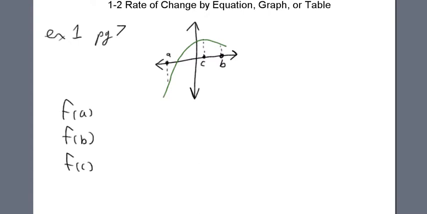my green line. At A, this looks like a pretty steep line. It is steeply going up, so f at A is increasing quickly. F of B, well, over here, looks like it's starting to decrease, but not as quickly. So it's decreasing slowly.